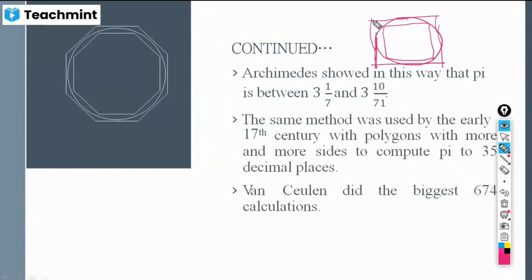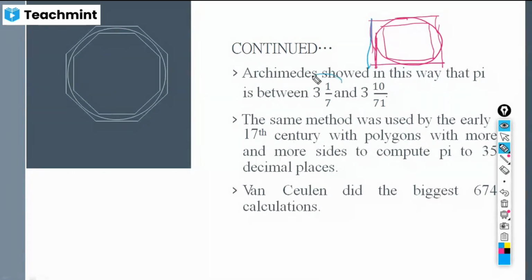So he knew that the pi value is somewhere between those two squares. Why? Because the circle lies between those two squares. He used to find the perimeter of the inner square and divide by its diameter, and find the outer square perimeter and divide by its diameter.